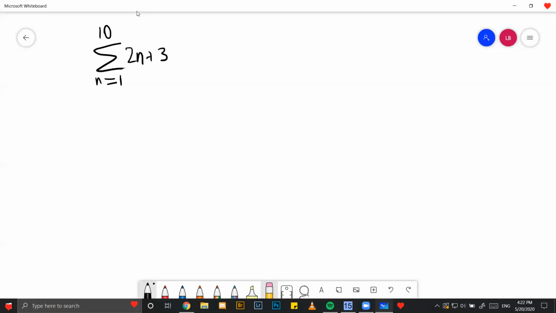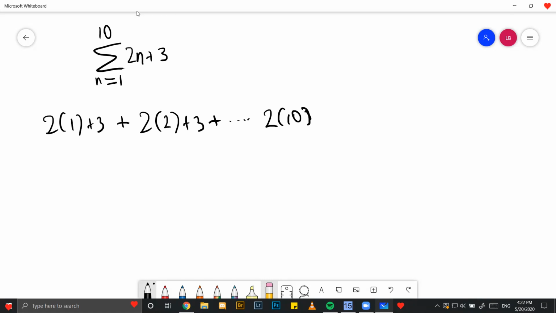So what you're telling the sigma function to do is take this, plug in 1, and have that at the start of your sum. So you have 2 times 1 plus 3. Then you add n equals 2, which is one step higher towards 10. So you have 2 times 2 plus 3. And so on until you reach 2 times 10 plus 3.